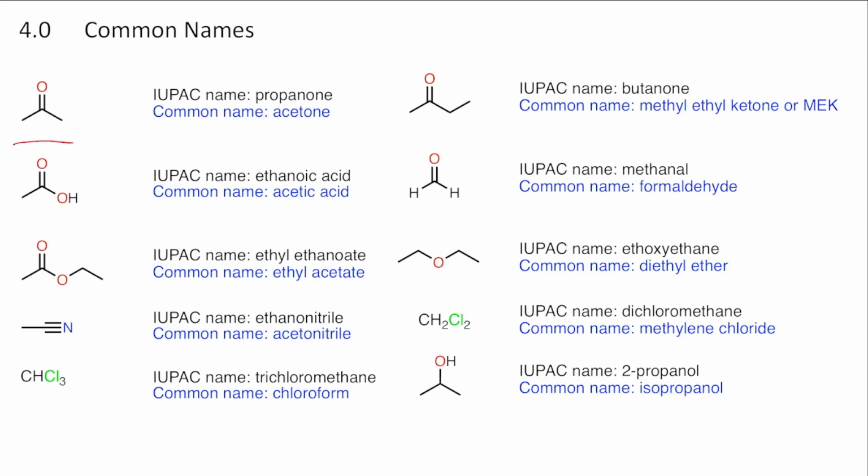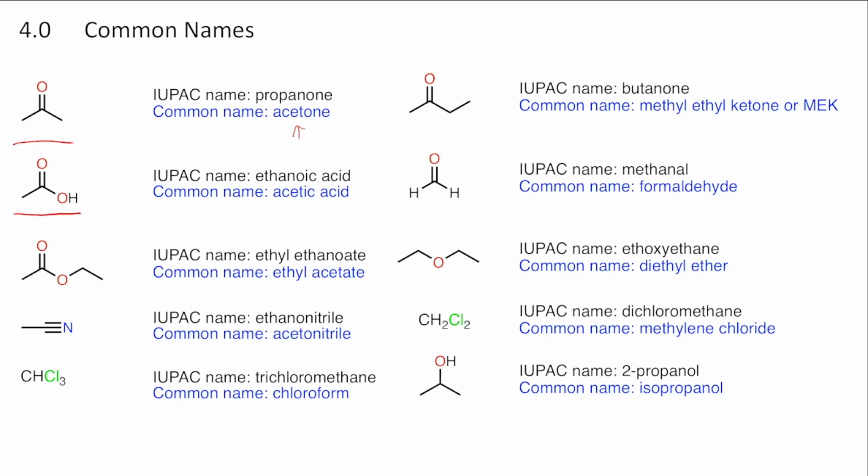So this first molecule you see over here, which is a ketone, would have the IUPAC name propanone because it's a 3-carbon chain. So that's propane, and then it's a ketone, so it's propanone. The common name for this is acetone, and anyone working in a lab will call this molecule acetone. So these are common names that it's important to be familiar with if you're working in a lab.